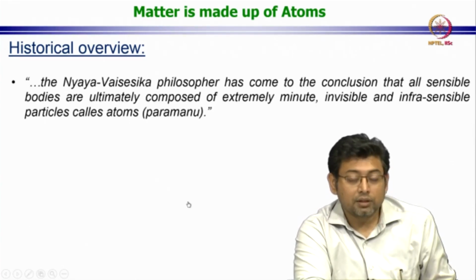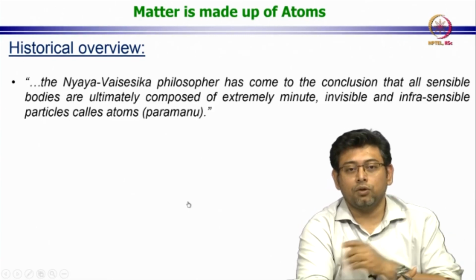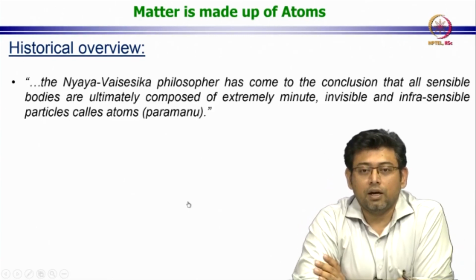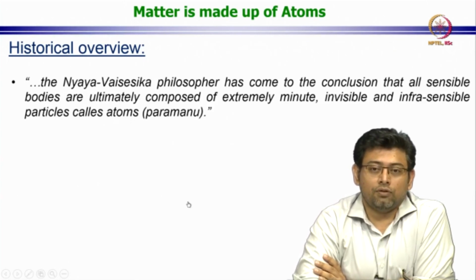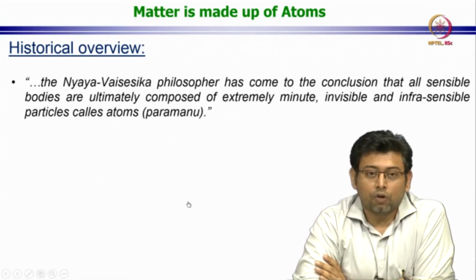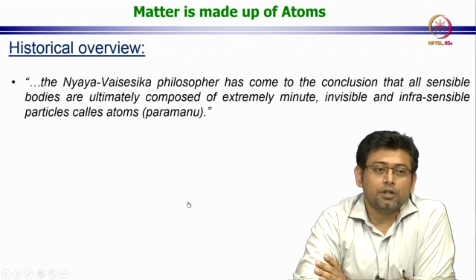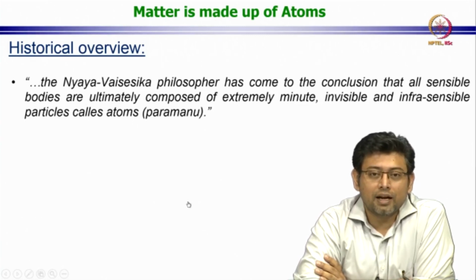For example, in India there was a famous school of thought called the Nyaya Vaisheshika school, and this school had thought about the composition of matter, and they realized that matter is actually made out of very minuscule building blocks, so to say.